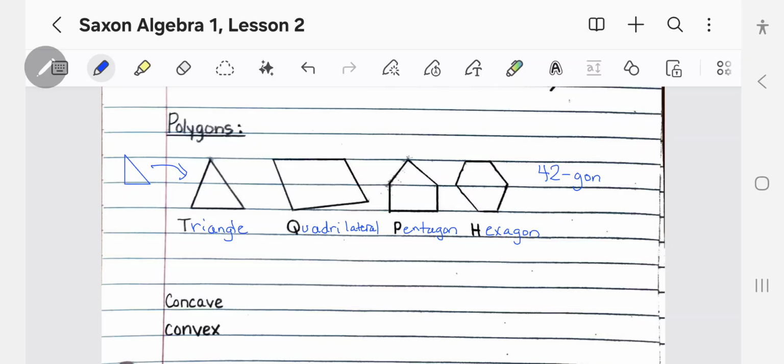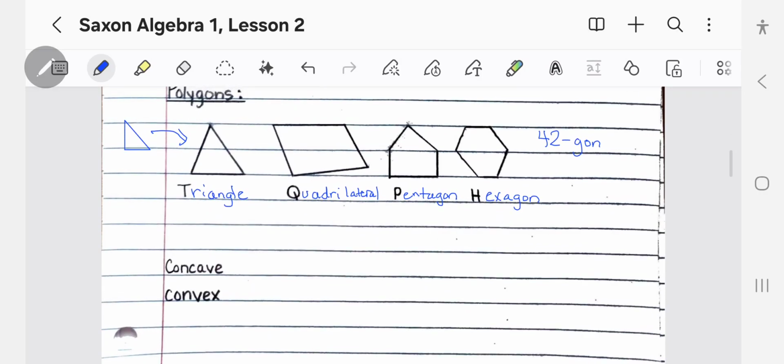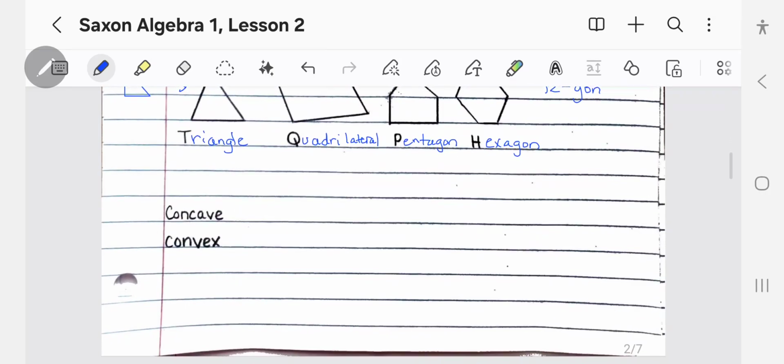Now, the next thing it talks about with polygons, it talks about the idea of concave and convex. Okay, I bet you see a word here that you have seen, that you're familiar with. See that? Cave. All right, so I'm going to draw something.